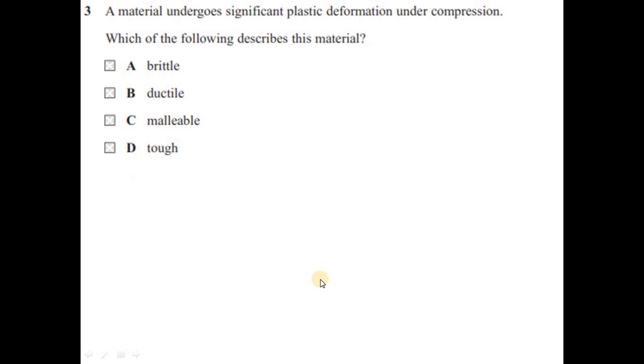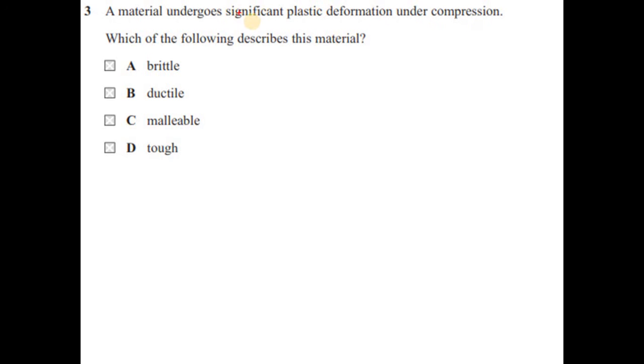Question number 3. A material undergoes significant plastic deformation under compression. Which of the following describes this material? Brittle, ductile, malleable, and tough. They're talking about behavior.